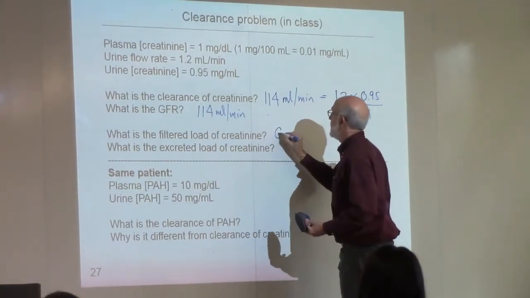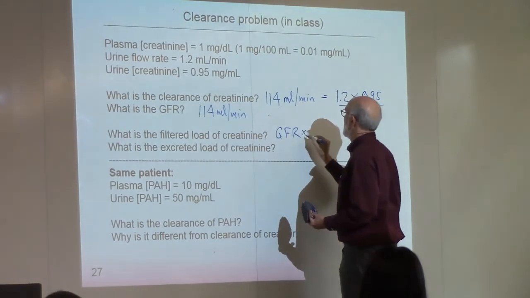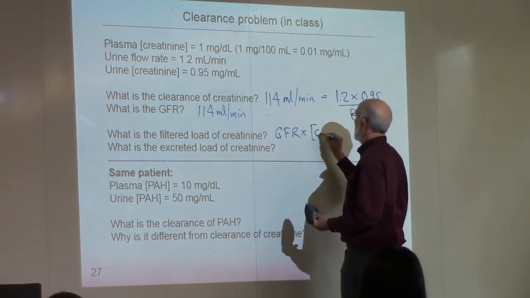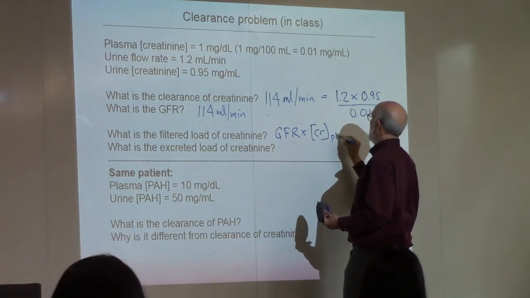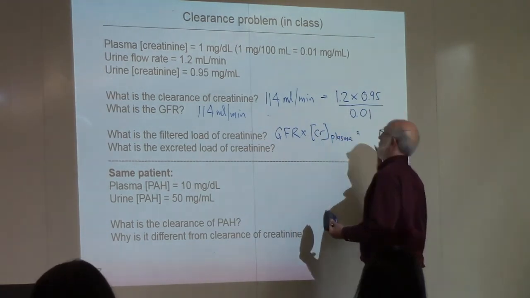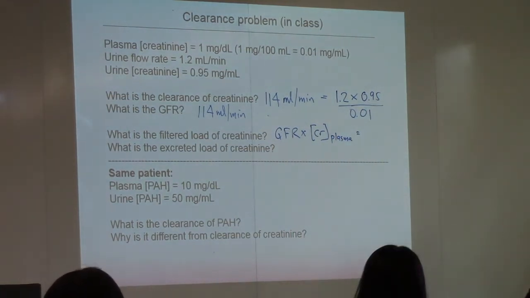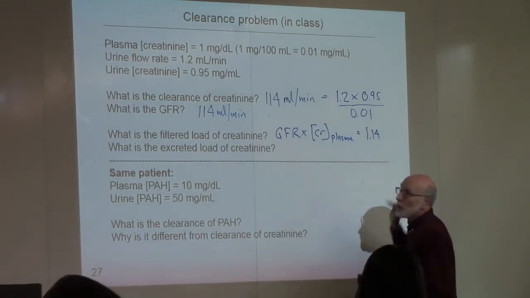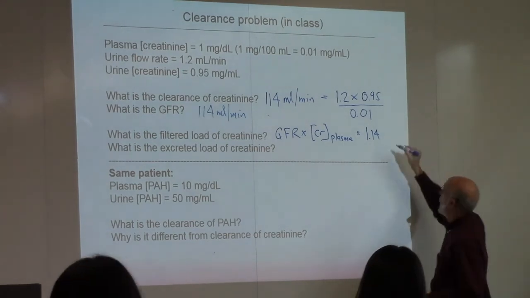Filtered load is GFR times the concentration of creatinine in the plasma. What do you get? 1.14. What are the units? Milligrams per minute.